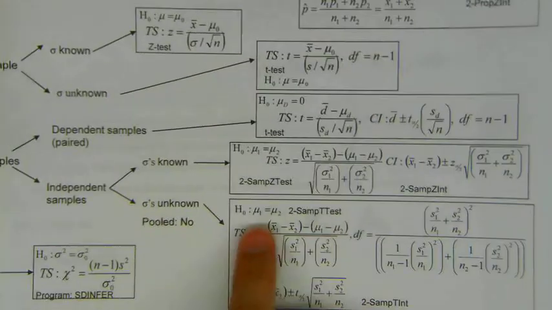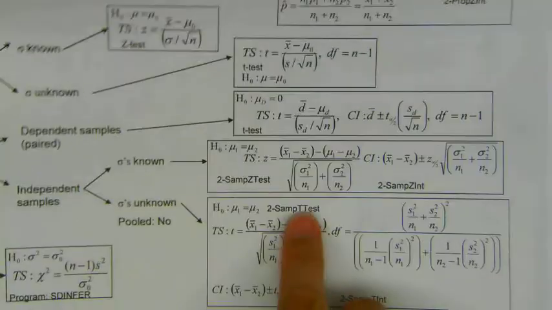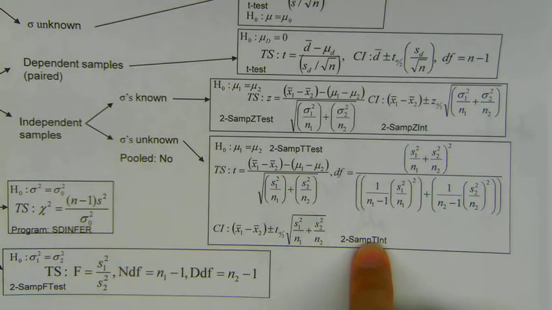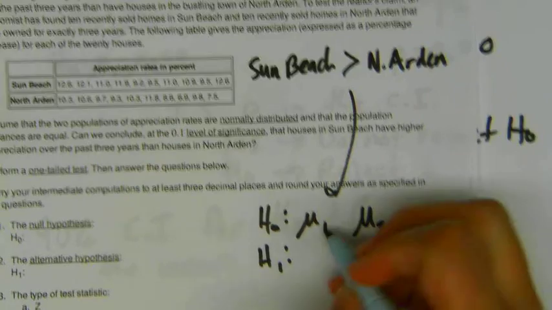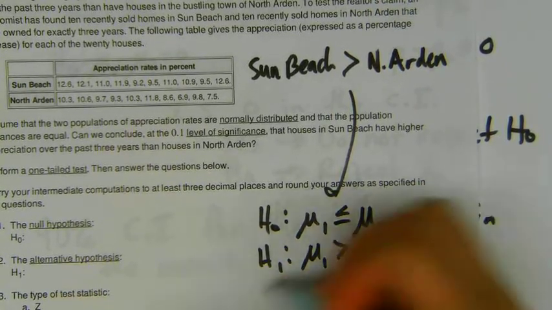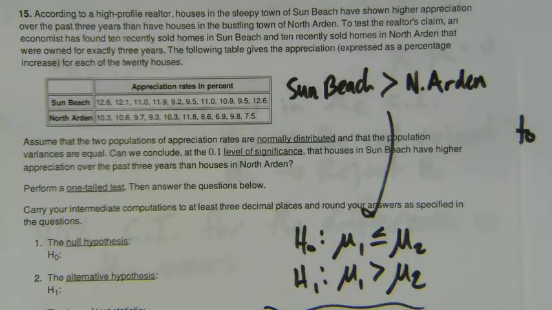And then if you go here, it'll help you set up your hypothesis statement, right? We have mu1 less than or equal to, or greater than or equal to mu2. And it tells you which hypothesis test to use, or in our case, which confidence interval to use. So here's your 2 sample t-int that we would want to use for the confidence interval. So they're looking at this as a right-tailed test if you were to complete the problem they were asking for.